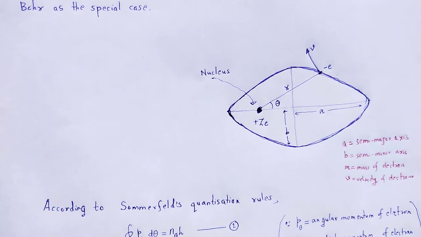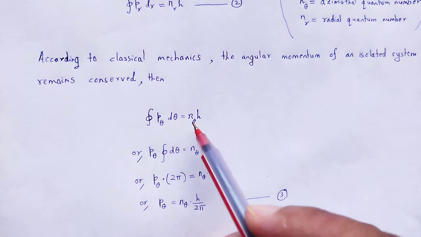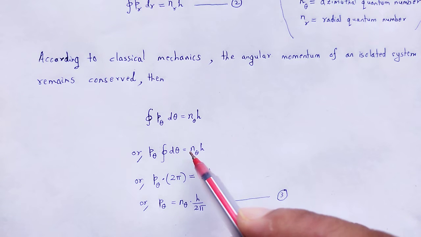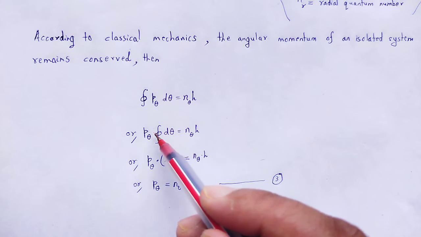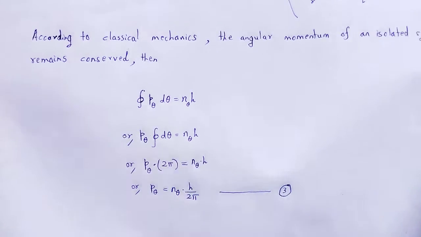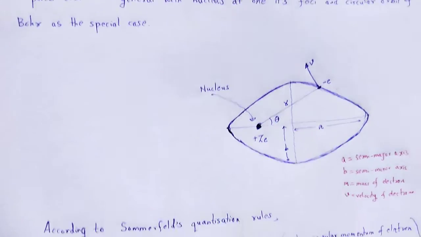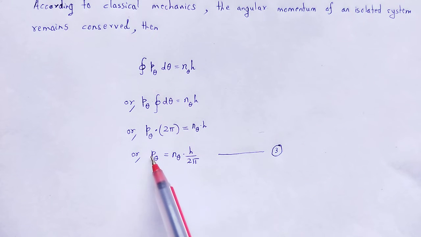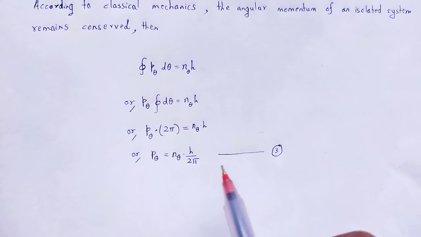That's why p theta is constant in the closed integration of p theta d theta equal to n theta h. The integration of d theta, as theta changes from 0 to 2 pi, gives 2 pi. Next, p theta is equal to n theta h divided by 2 pi, equation number 3.